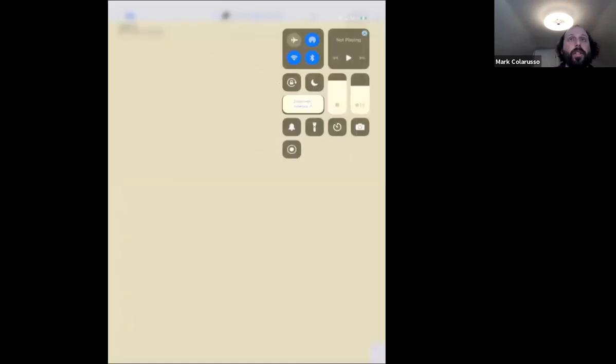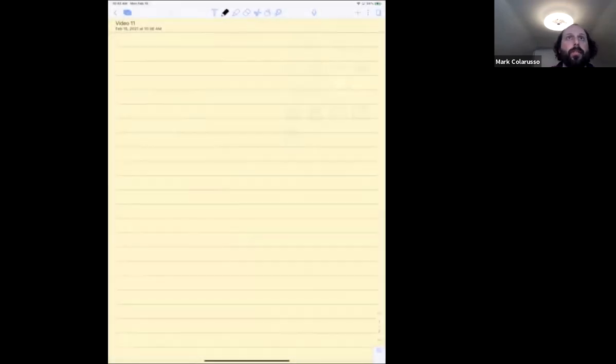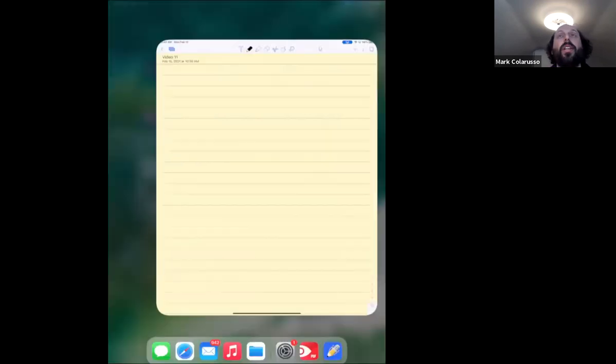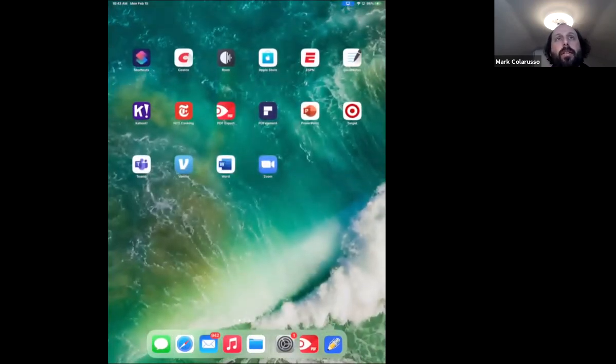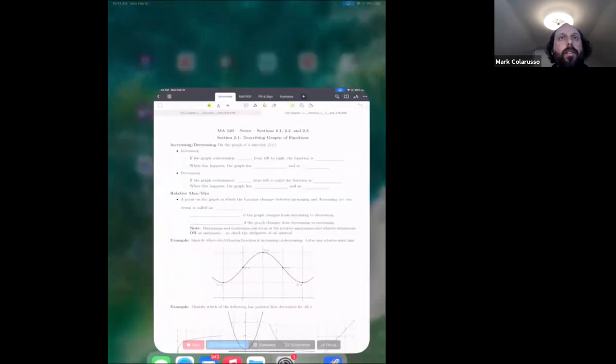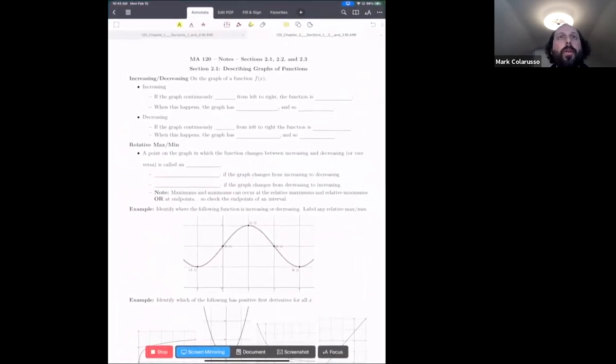Let me share some screens. I just want to mention a bit how this is going to go. Here's the yellow pad that hopefully you've come to know and love at this point. I'll also be going off of these notes, which I put on Canvas, and I'll use them for the graphs.